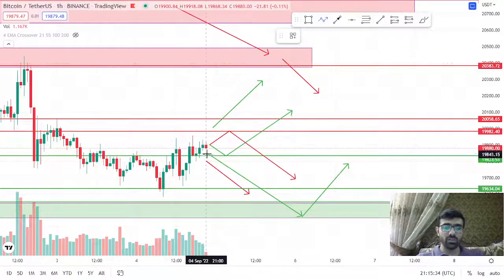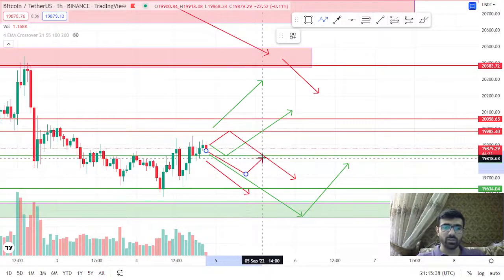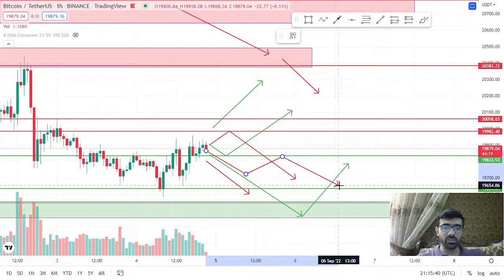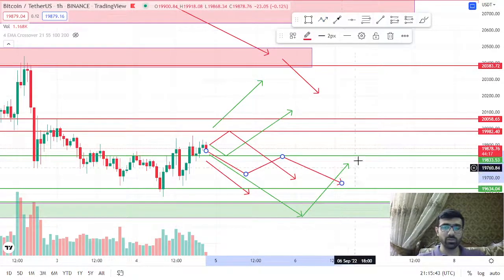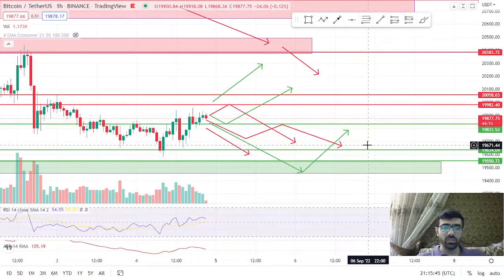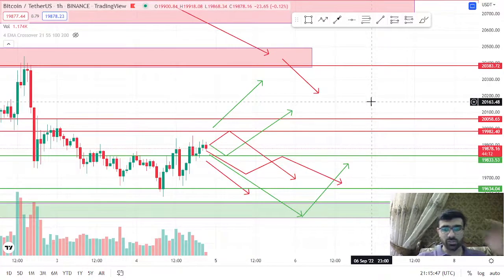Okay, then a scenario can happen, something like this. The market tests this area again, then market closes below this area. Okay, so these are the possible buying and selling setups. So let us just wait and watch that whichever setup comes into play tomorrow, we are going to trade accordingly.